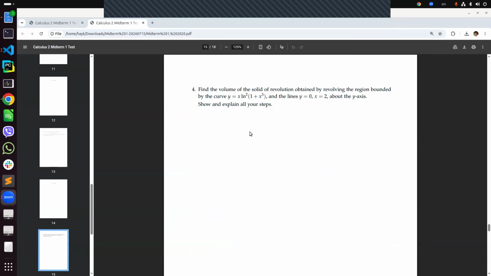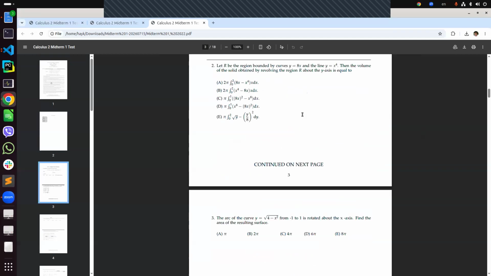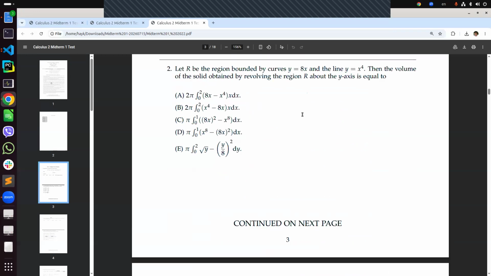Multiple choice number 2 and number 6 from 2022. So we are given a line and curve.